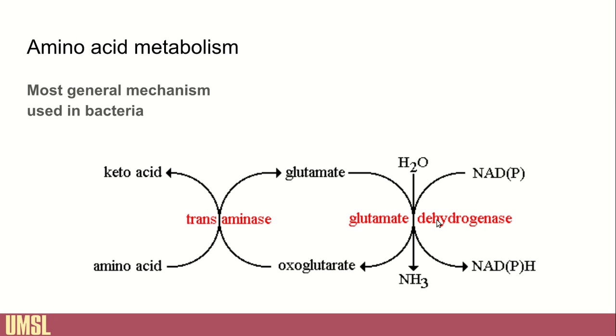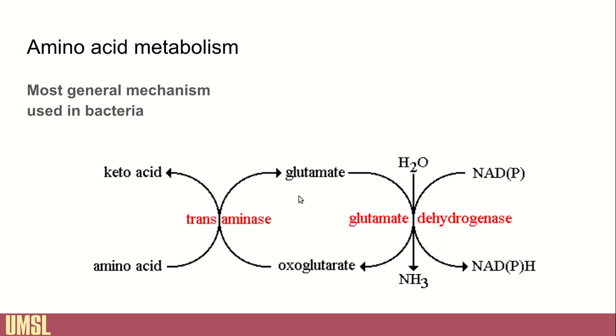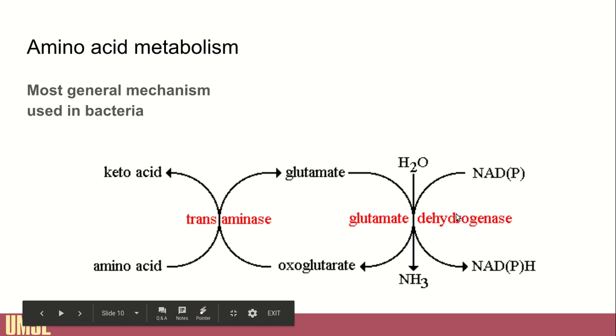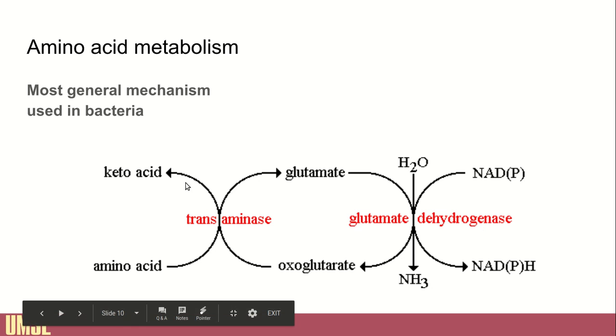So the benefit here is that this whole set of reactions relies entirely on glutamate and glutamate dehydrogenase, but essentially has a very, very promiscuous transaminase that allows one process to deal with more or less all 20 amino acids. And that is actually remarkable. So instead of having 20 different enzymes involved in specifically removing amine groups from amino acids, you can essentially have one process to take care of all of this.